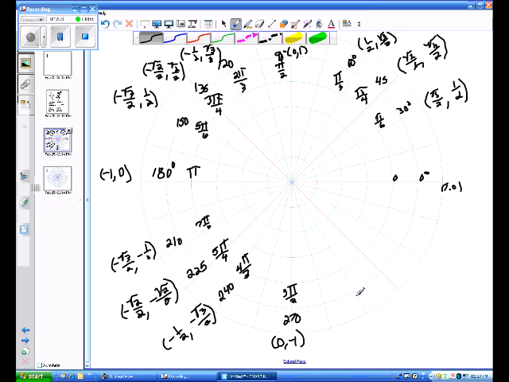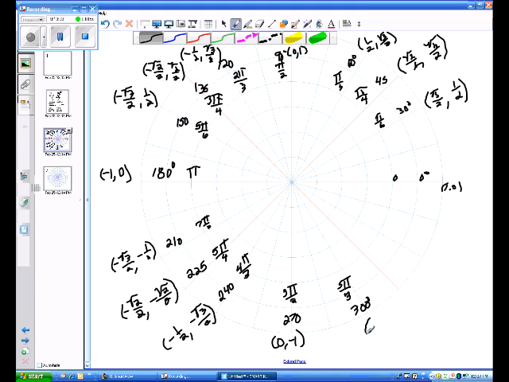Moving into the fourth quadrant, we would have 300. And that would be 5 pi over 3. Now our reference angle here is 60.